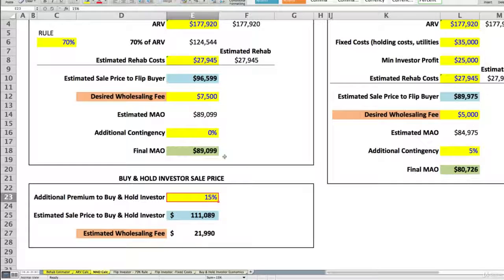So this is where you can put that additional premium. If you say 10%, it would help you calculate what that cost would be, and then what your adjusted wholesaling fee would become if you were able to sell the property at this price to a buy and hold type investor. That's what this is saying over here.